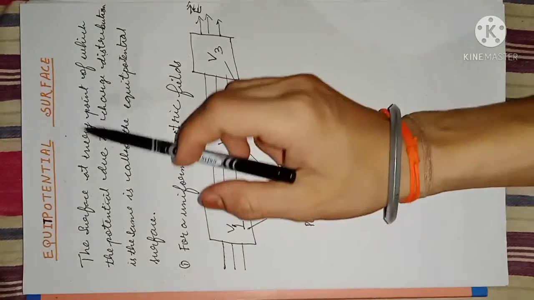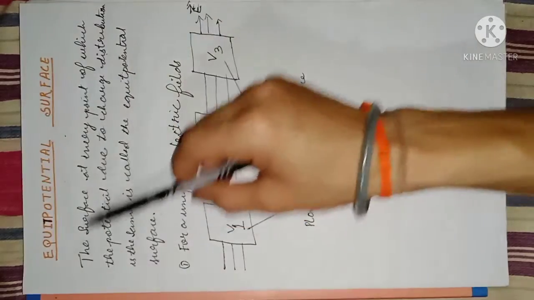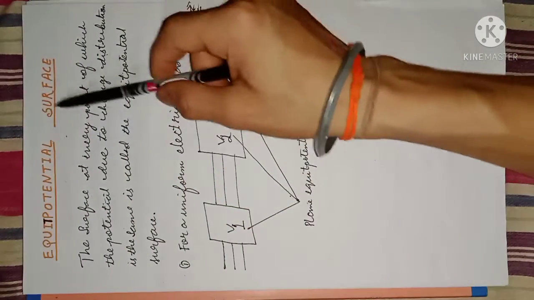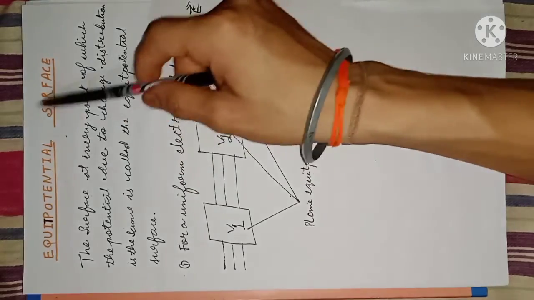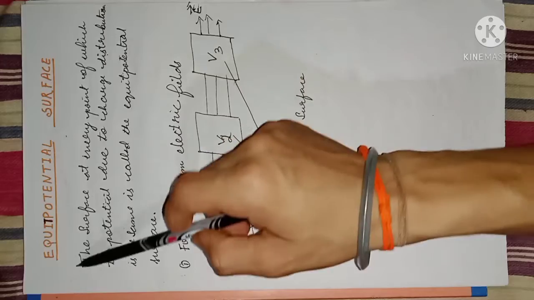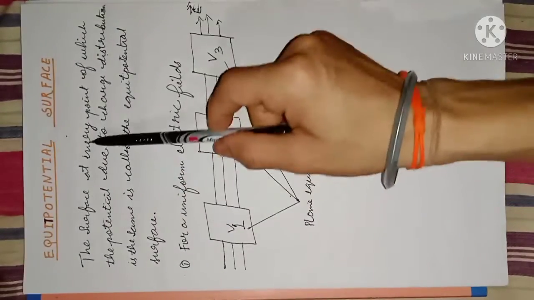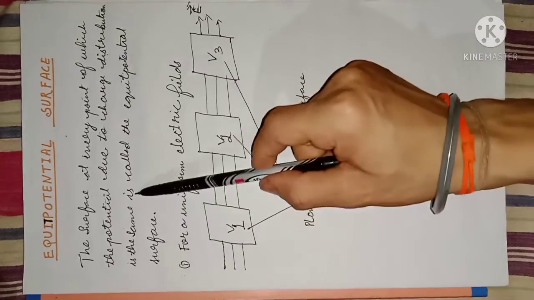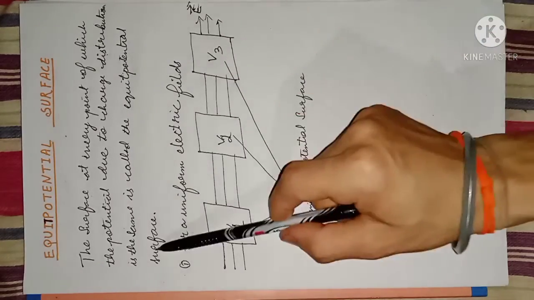I think you have understood the concept of equipotential surface. Equipotential surface means what? The surface which has equal potential, isn't it? In simple language, the surface at every point of which the potential due to charge distribution is the same is called the equipotential surface.